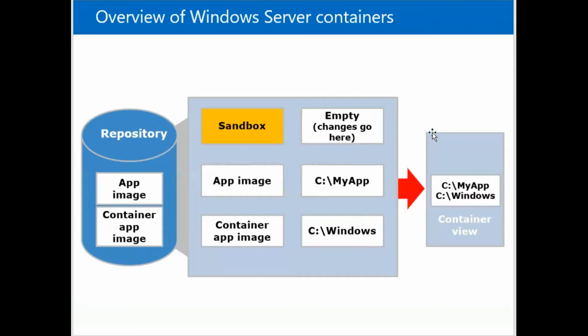Once you build, it will look like this: like a C drive, on top of your Windows operating system, you'll have applications. And this is the entire container. This is the container view. So it's like a small box that has your applications and operating system. These two things will be there.